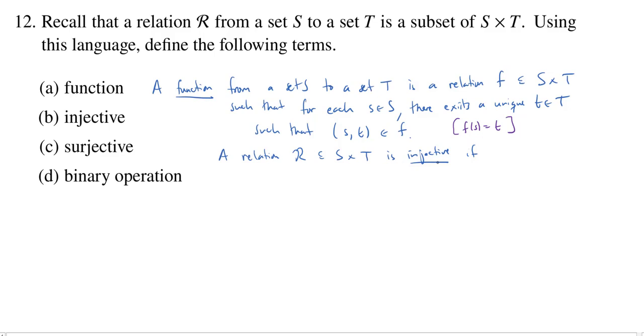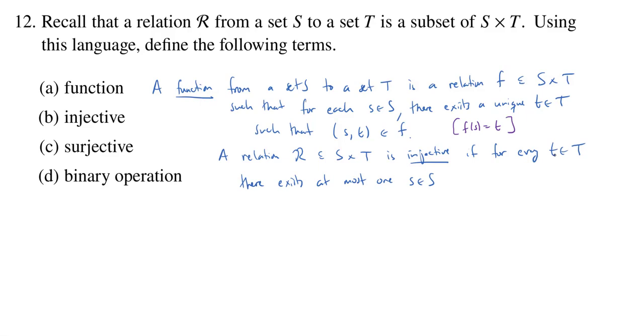Okay, so it's injective if for every t in T, so we start with something in the codomain, there exists at most one s in S. It could be that nothing gets mapped to t, that's true. But if there's one thing that maps to t, then that's the only thing that can get mapped to t. That's what injectivity is all about.